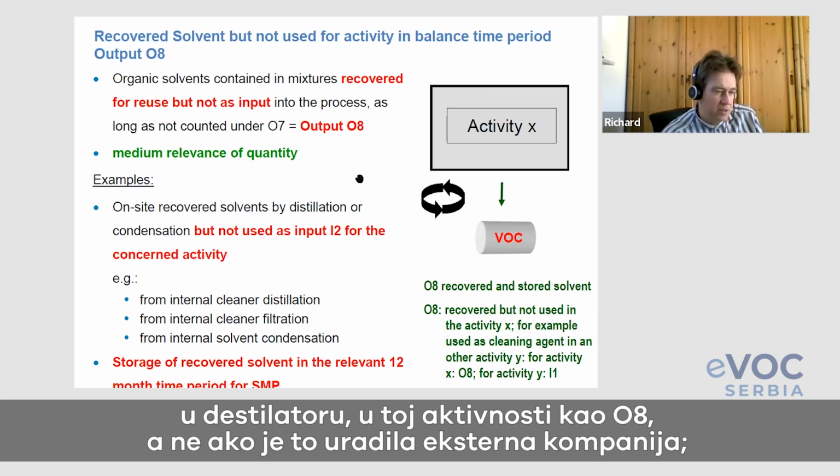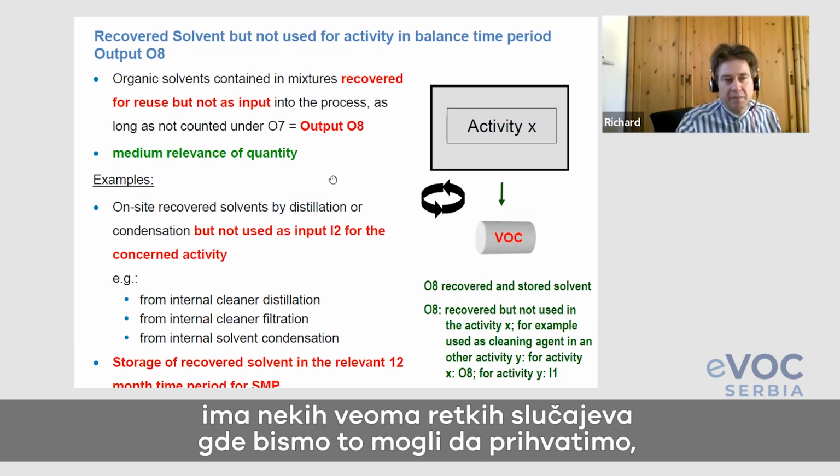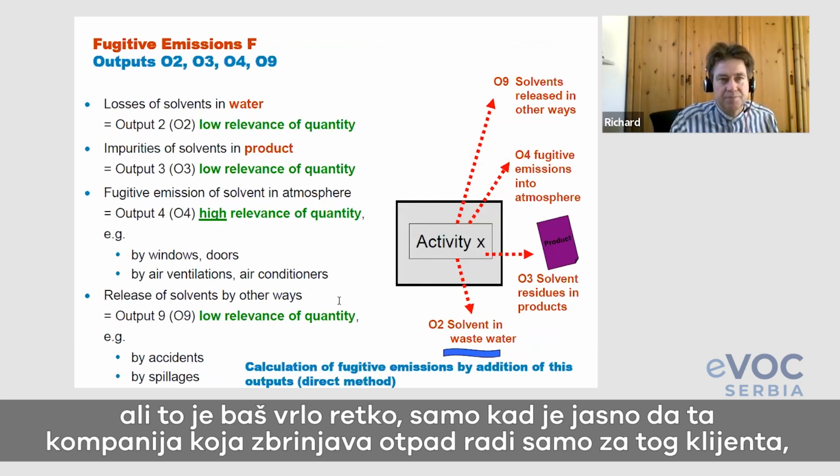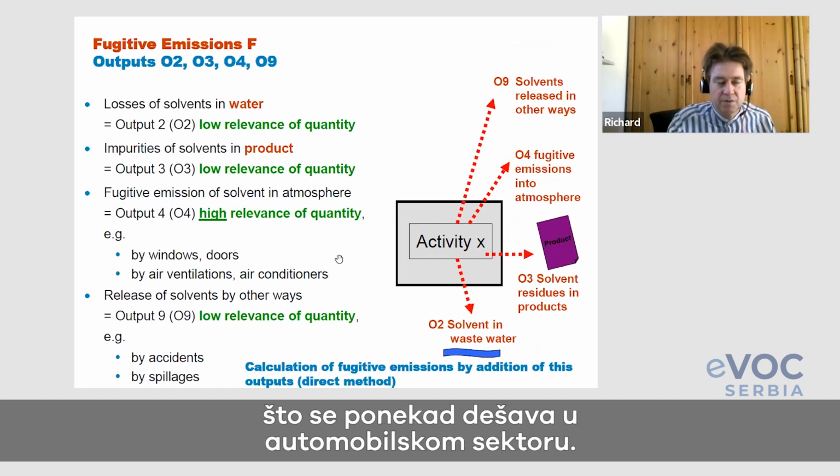So not if the VOC waste has been recycled by an external company. There can be certain cases where we can accept it, but those are really so few and special cases where it's clear that this company is working only for the printing unit or for the automotive sector.